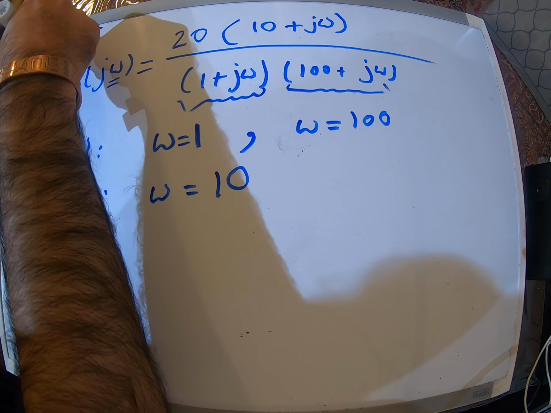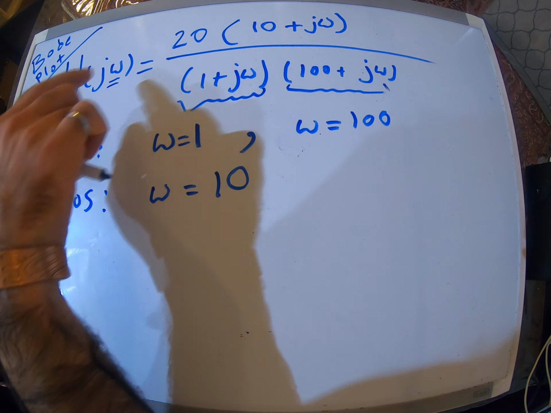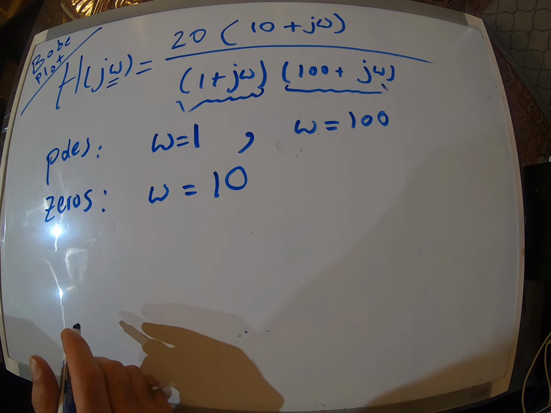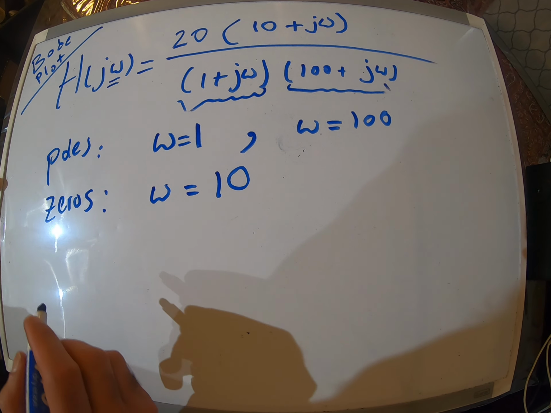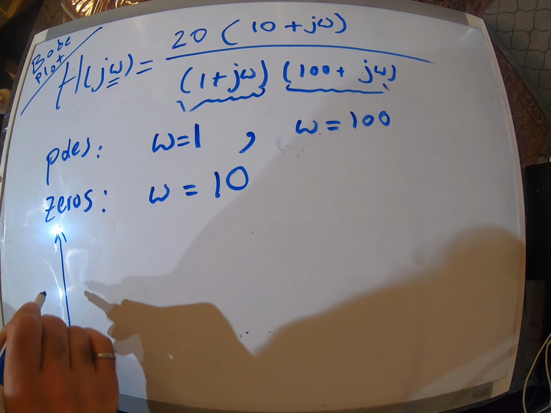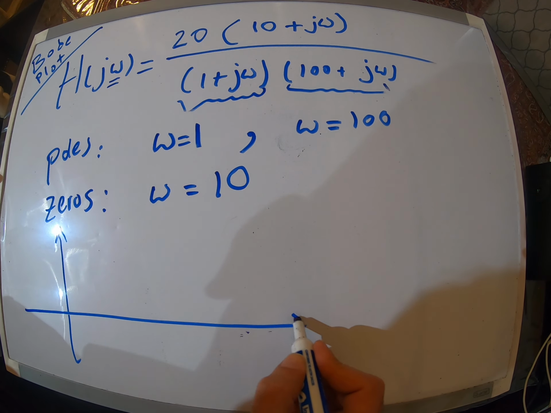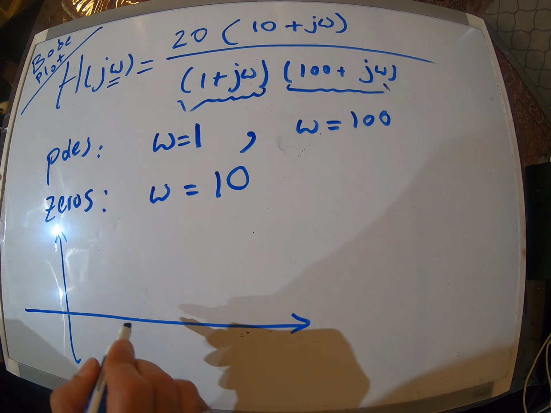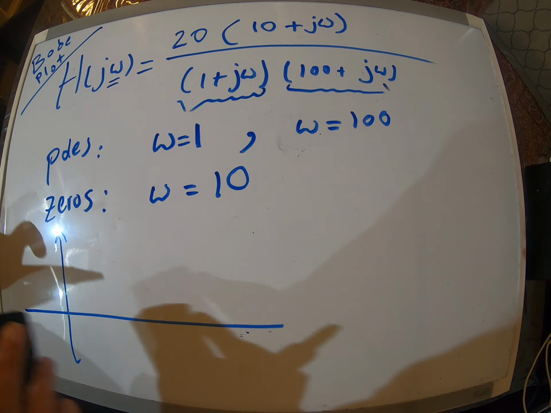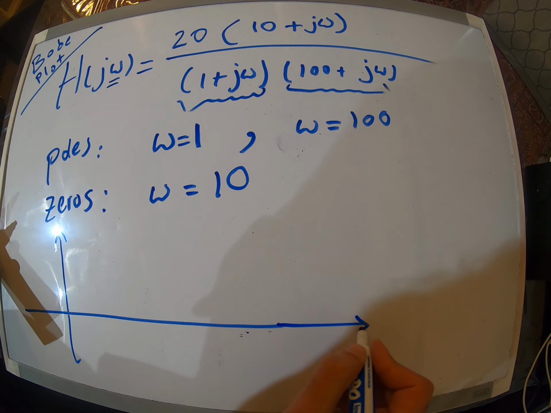Bode is the name of the person who invented this. A Bode plot has 2 components: the magnitude, which I'll do first, and then the phase.